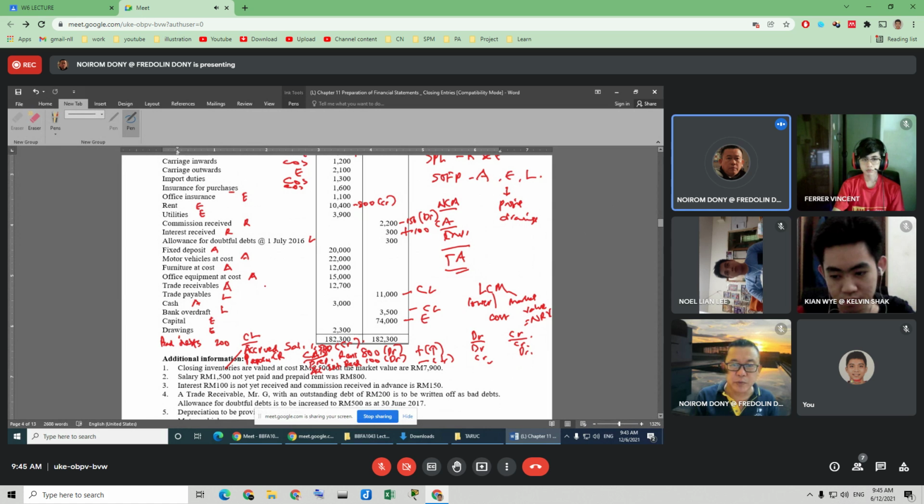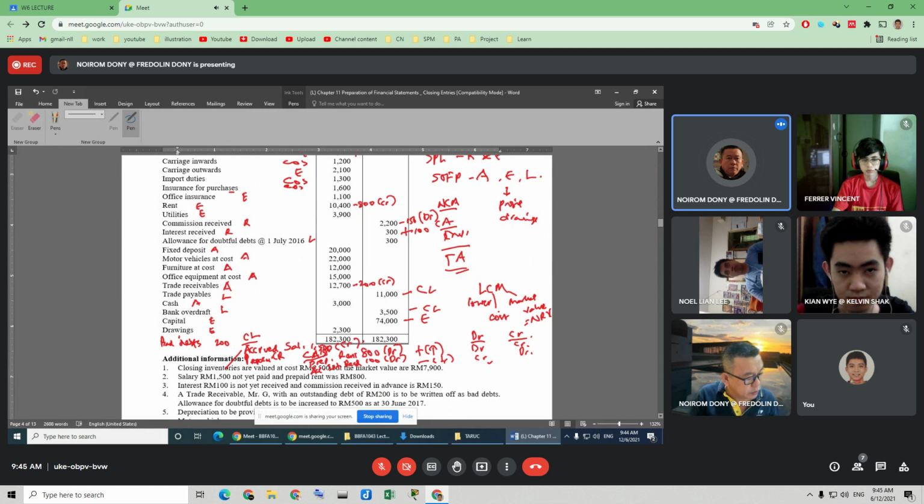How do we credit? The trade receivable, you have to show in the statement of financial position. So you minus 200. Again, this is credit entry. So this is debit item. If we less, this is credit entry. So we credit and we debit. We put bad debts. So that is why if you look at your answer, you have bad debts in the other expenses, isn't it?